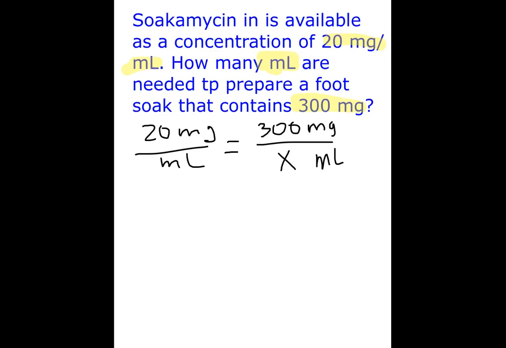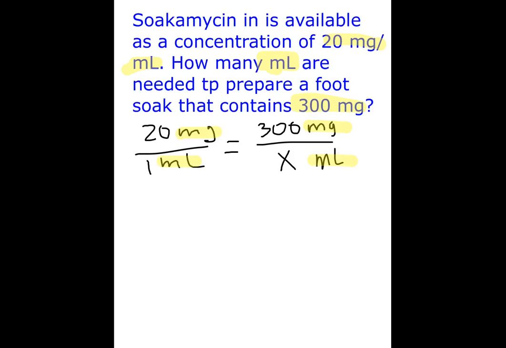So we'll put in an X for that. Okay. So again, our units are matching: milligrams, milligrams on the top, mLs, mLs at the bottom. Okay. So now we can go ahead and do our cross multiplication.